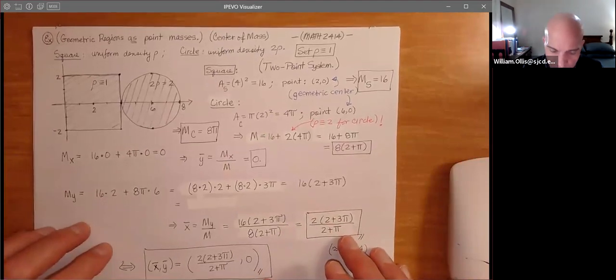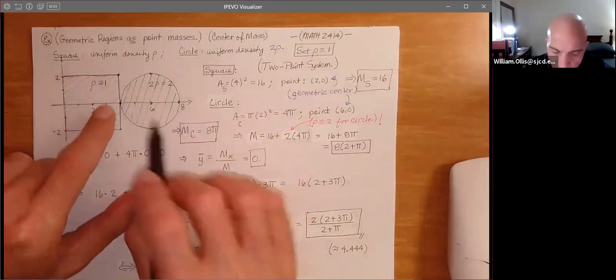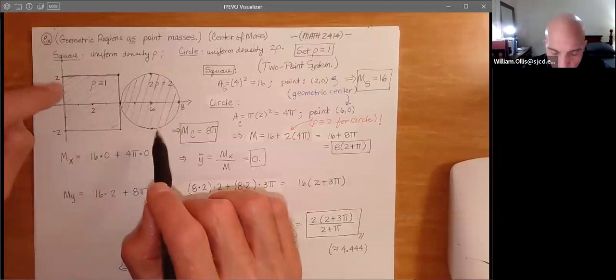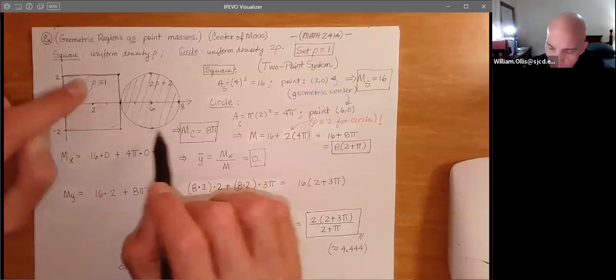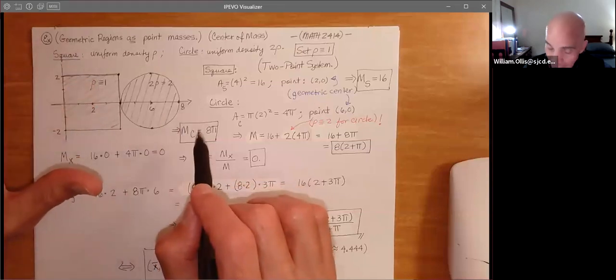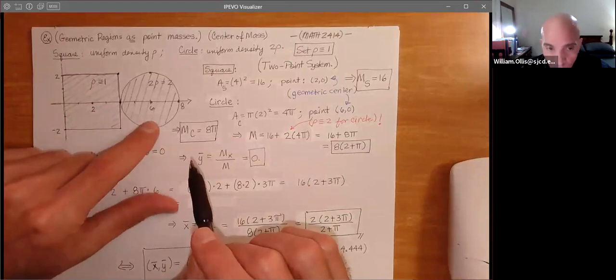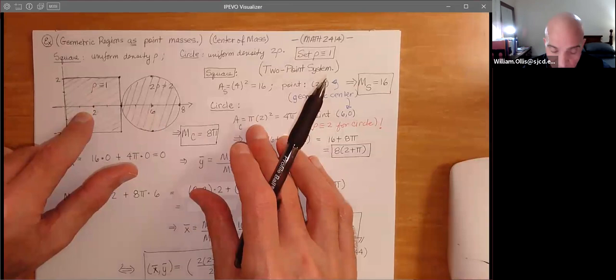Now, this particular problem is set up from the WebAssign. You have these two nice symmetric objects. You have a square, and it's easy to find the center of mass of a square. Again, we're going to think of the centroid as the center of mass in this case. And then we've got this circle. What's nice is that the geometry is already set up for us.